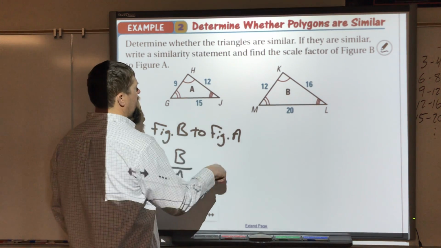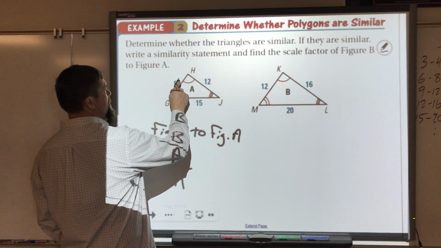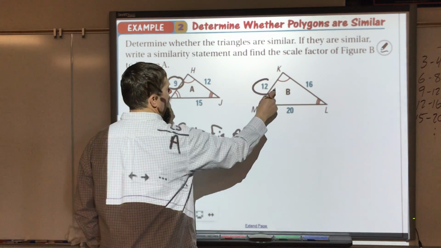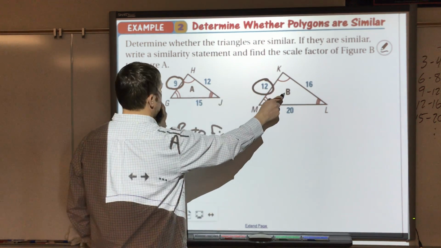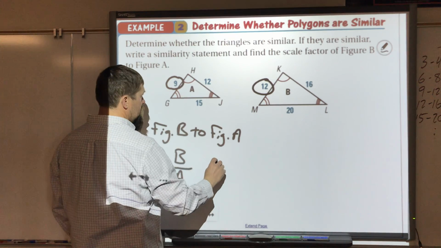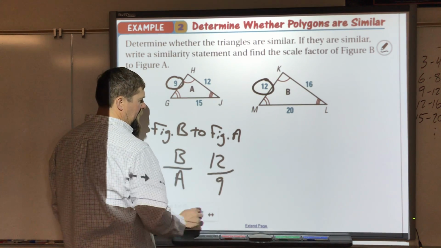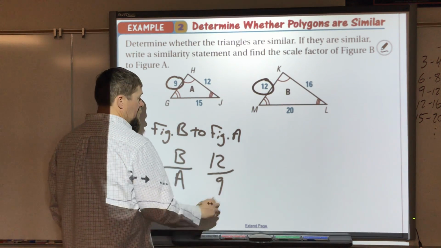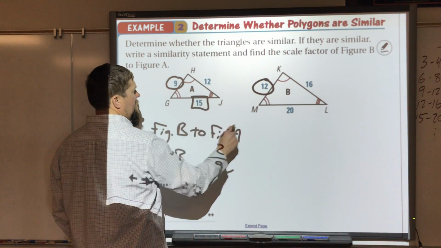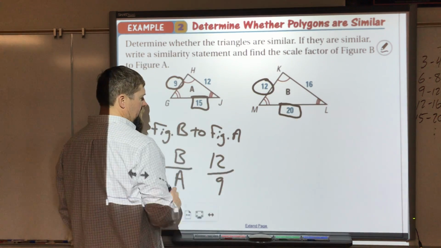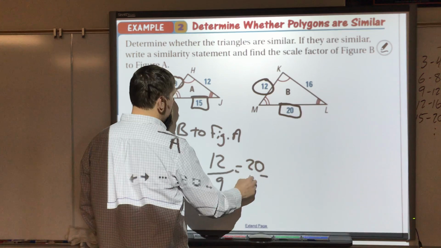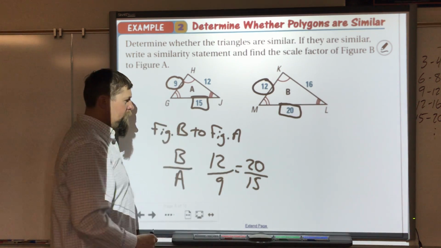This side compares to 12, so we put B over A. That means 12 is over 9. The 15 and the 20 compared to each other, so we need to put the 20 over the 15.